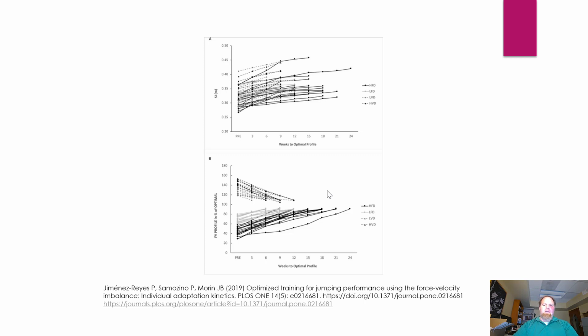Now, if you compared this to giving them all the one program, some people would move up, some people would move down, and some people would stay the same. Whenever they had this targeted training, everybody improved. There were no non-responders, which is vital for improving athleticism.